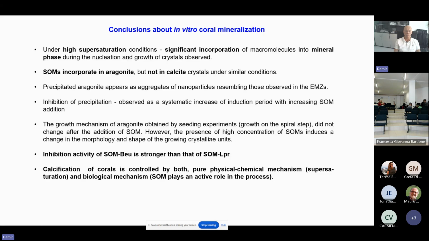So as a final conclusion, we can say the inhibition activity of Balanophyllia is stronger than the inhibition activity of Leptosammia. And also we can conclude the calcification of coral is controlled by a purely physical-chemical mechanism, but also by a biological mechanism. That means by the addition of organic matter.